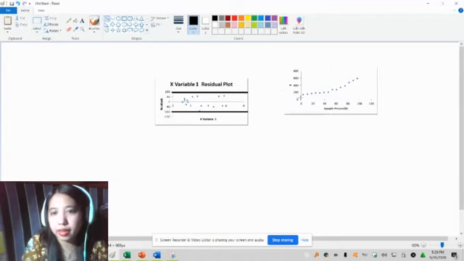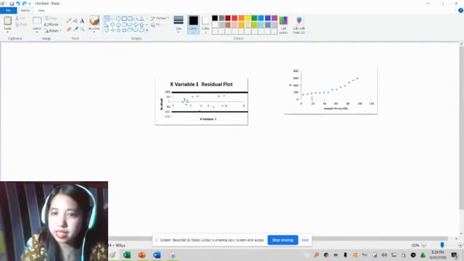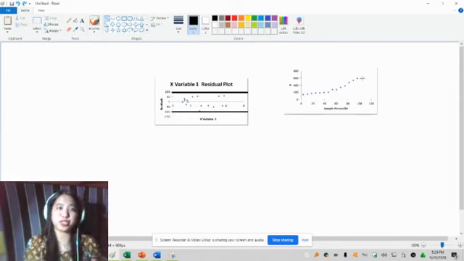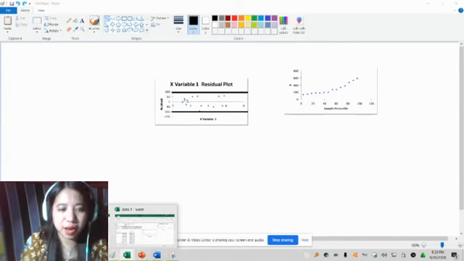If I draw a line here and a line somewhere here just to get all the data, it will still exist, which means there is no equal variance. Or for example, if this is the line that we are referring to, the distance from our x-axis is increasing until this part, which means there is no equal variance. So let's go back.